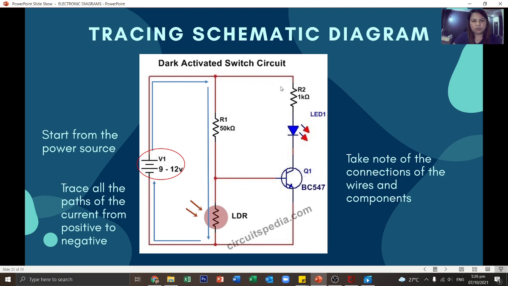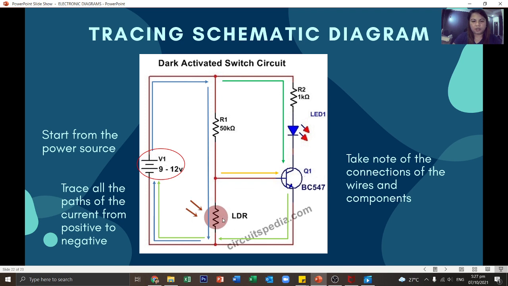How about if it goes direct? It only has one path when it goes here, then afterwards it will go to the transistor. By the way, there is a node here, so the current from here will be separated. Then they will combine here and exit on this line going to the negative. This is how we trace the circuit current.